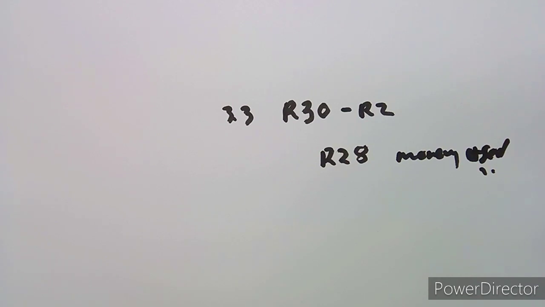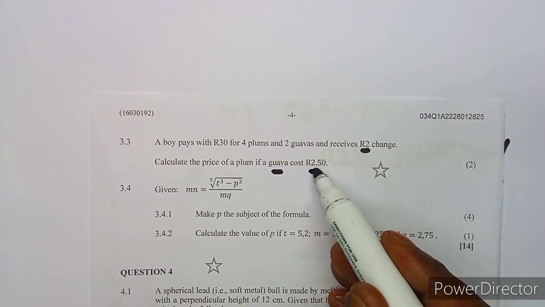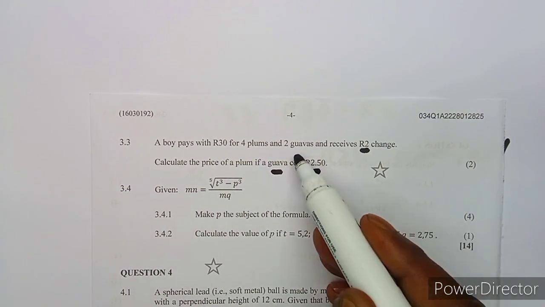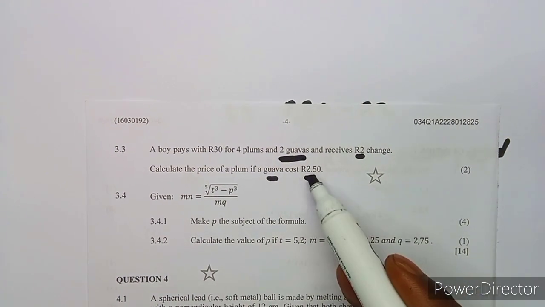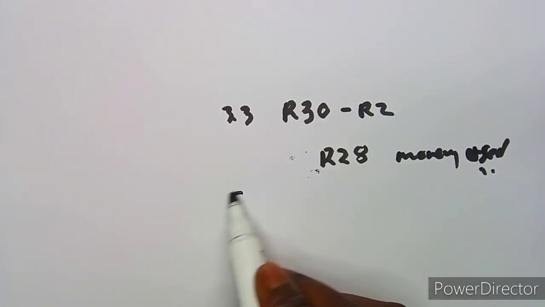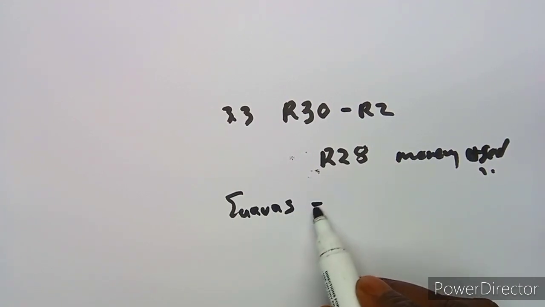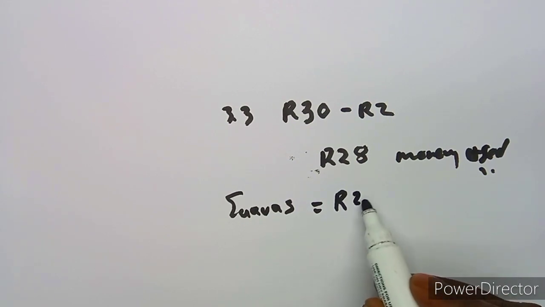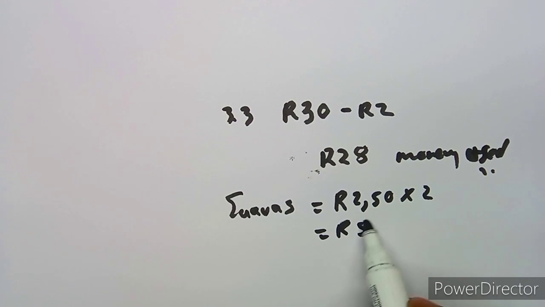We used 28 rand. So out of 28 rand, each guava costs 2 rand 50, and 2 of them were bought. Which means how much was used to buy these 2 guavas? We are going to have each amount 2 rand 50 multiplied by 2, which is going to give us 5 rand.